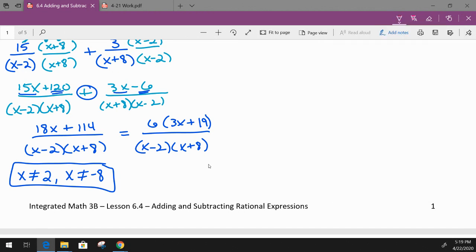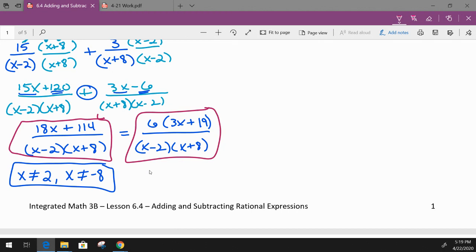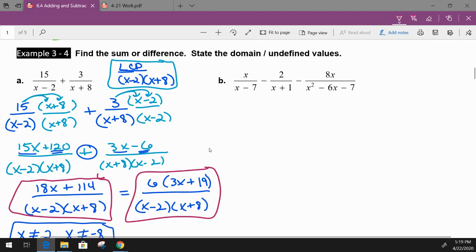So basically, this answer is perfectly acceptable. You do not have to factor the numerator, or if you do, that's fine, but it can't be reduced with your denominator. So either one of these are acceptable answers. Okay, hopefully that made sense. Going on to the next example.